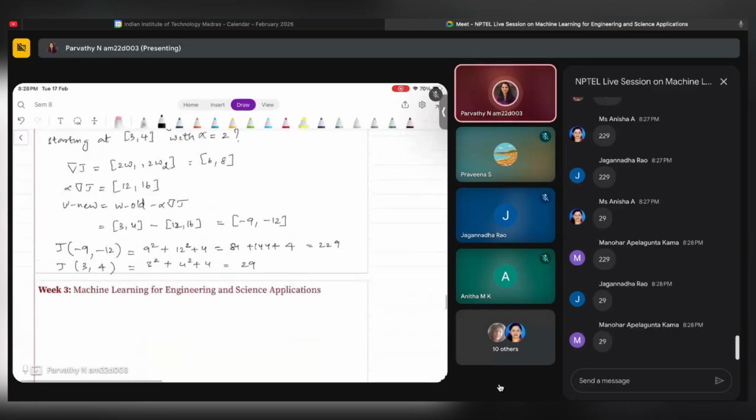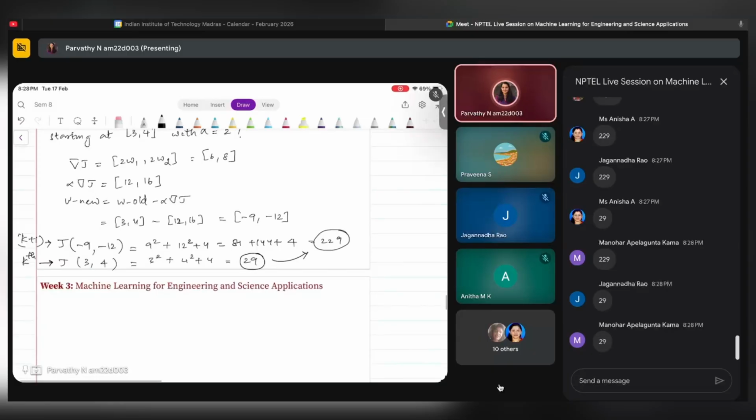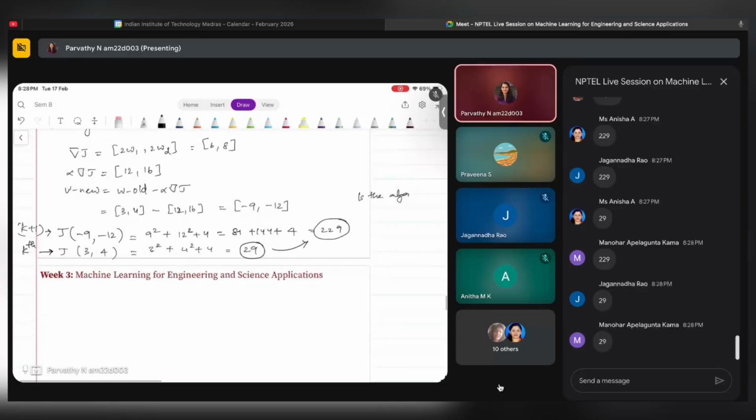So at kth iteration, the J is 29 and at k plus 1 iteration, J is 229. So is the algorithm converging? No, because the cost J has increased.